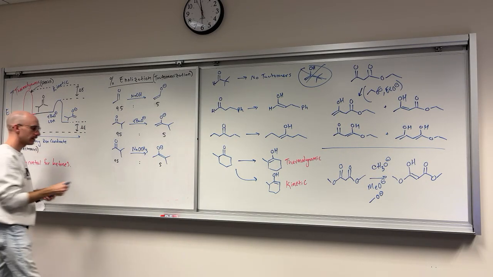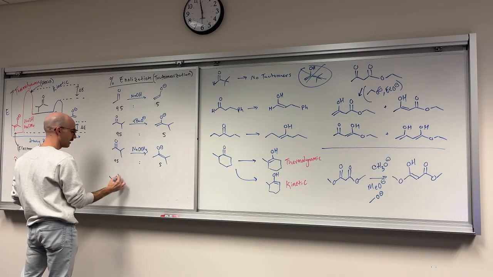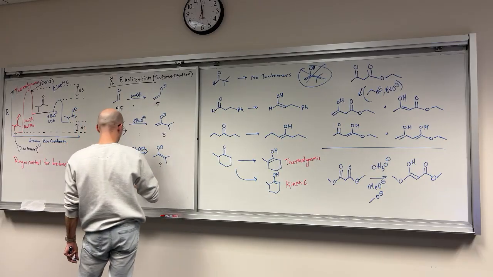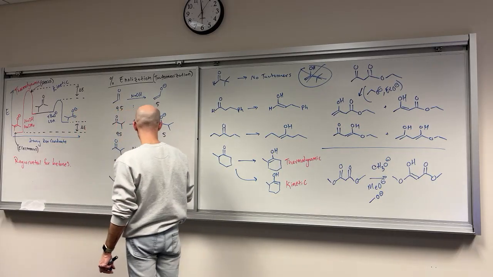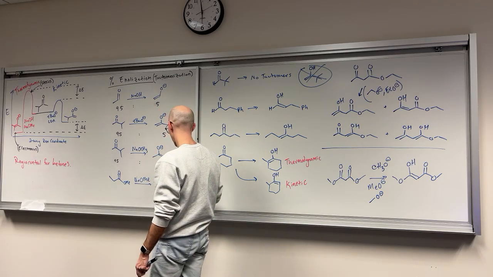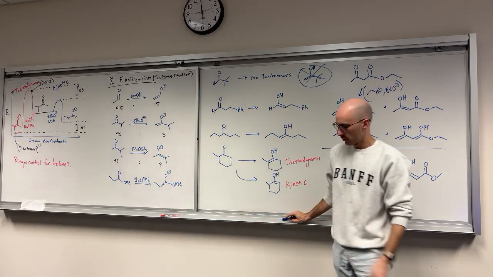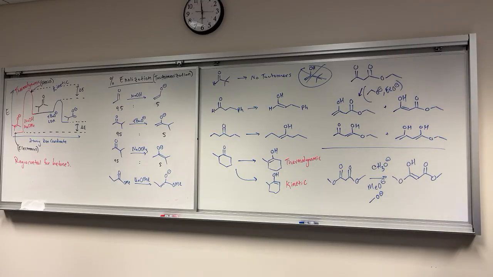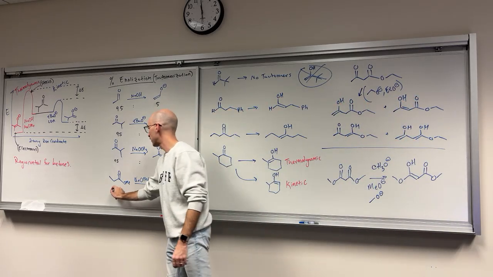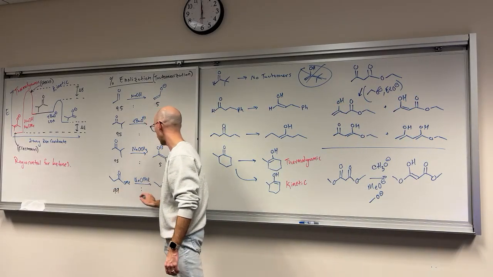And lastly, let's take an ester. Esters, as you remember, are the least acidic of the groups. And so the percent tautomerization here is even worse. This is about 99 to 1.